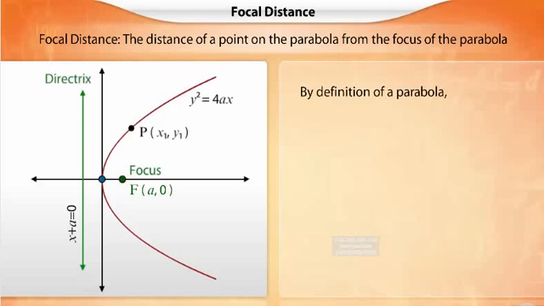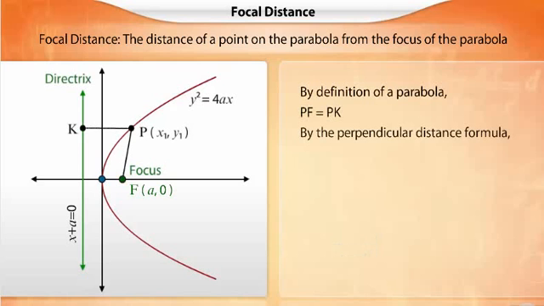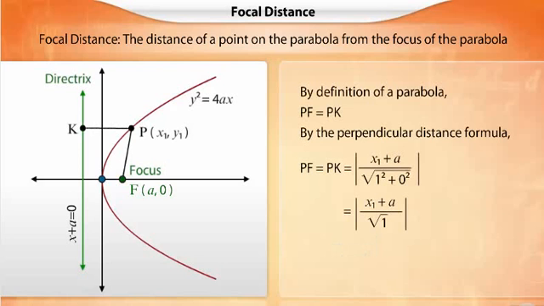By the definition of a parabola, PF is equal to PK. The perpendicular distance PK can be expressed as shown. On simplification, we get PK as the modulus of x1 plus a, which is the focal distance of point P.